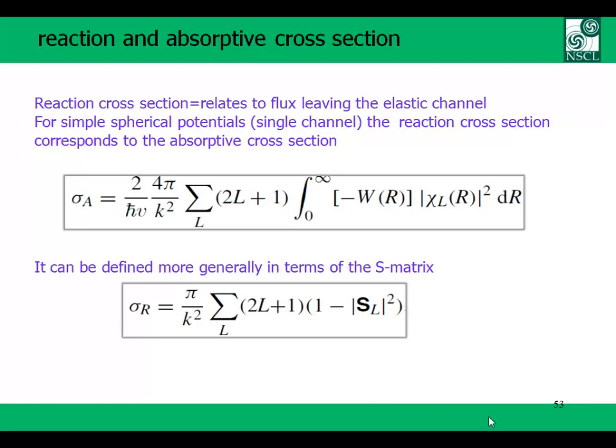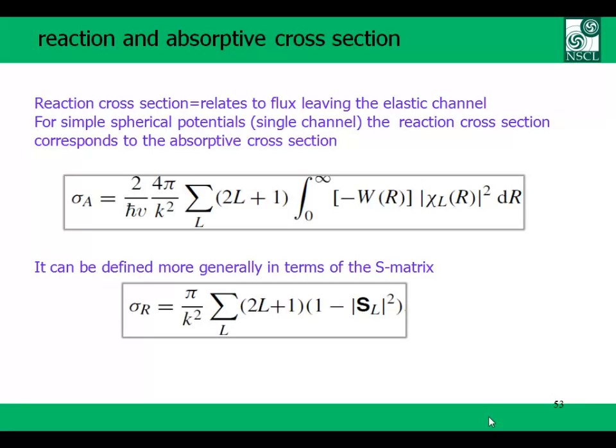Our formulation at the moment is the simplest possible, where only the ground state of the target is taken into account, where there's only the elastic channel. That's the only explicit channel we take into account, which means that the reaction cross-section is exactly the absorption cross-section. So this is a very particular and simple case in which reaction cross-section is equivalent to absorption cross-section.